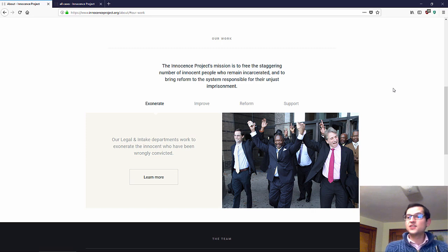And if DNA analysis has not been done, and it looks like it would be relevant to the crime, say a knife was picked up from the crime scene and it's got the blood of the perpetrator on it, if that was never tested for DNA, the Innocence Project will pay for DNA testing to compare the perpetrator's blood on the knife to the suspect who's been serving a sentence for 10 years in prison. And if they find that, in fact, there's no match, they'll bring that evidence back before the court and they'll try to get the conviction overturned and the person freed.